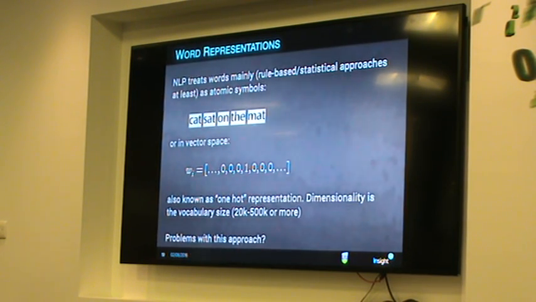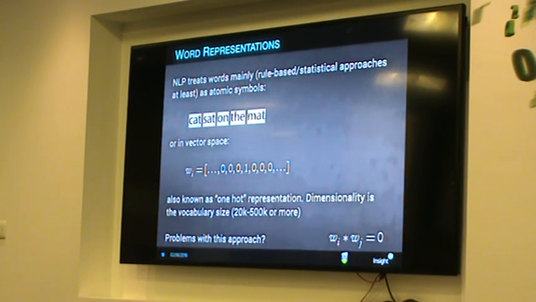In vector space, we represent this as a one-hot representation, where you've got a vector which is the size of your vocabulary, and whichever particular index corresponds to that word is switched on. That is the vector for that word.